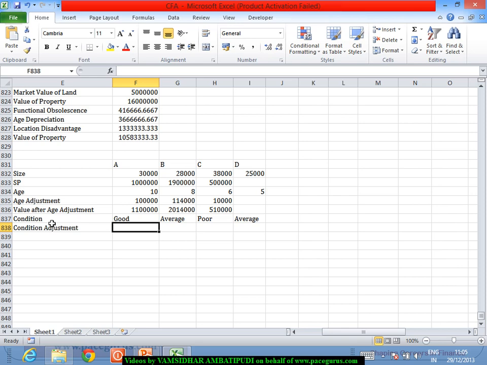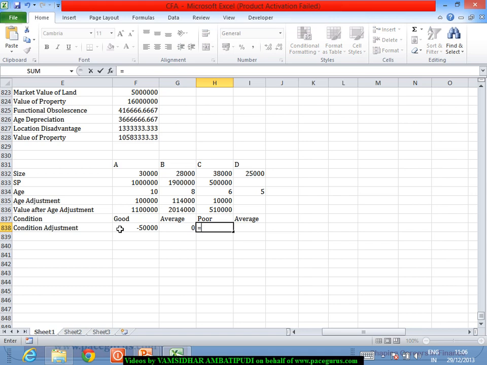So I can decrease this value by 5% of the total value. The adjustment here, out of this selling price, I will decrease by 5% because this is in good condition. I will decrease it by 50,000. This one I will not make any change because it's the same.